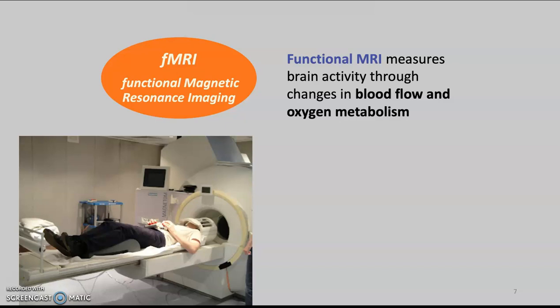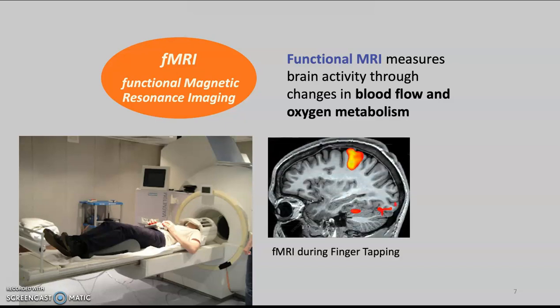Specifically, during a given task like tapping a finger, brain areas responsible for finger movement will need increased blood flow and oxygen consumption, thus resulting in changes in the ratio of oxygenated versus deoxygenated hemoglobin, which have different magnetic properties.